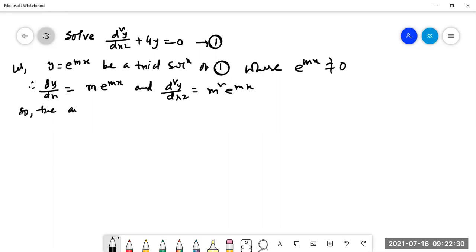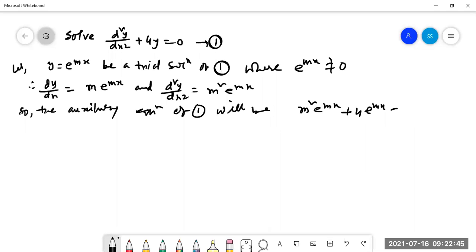So the auxiliary equation of 1 will be m² e^(mx) plus 4 e^(mx) is equal to 0. Or from here we got m² plus 4 equal to 0. So m equal to plus minus 2i.